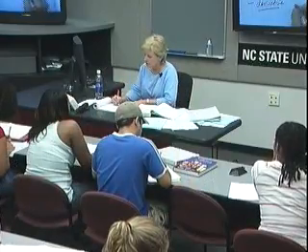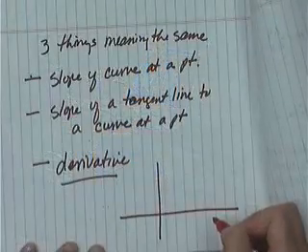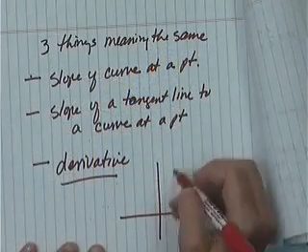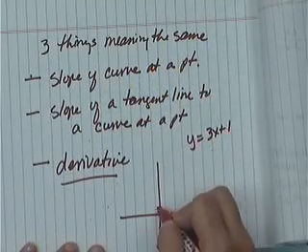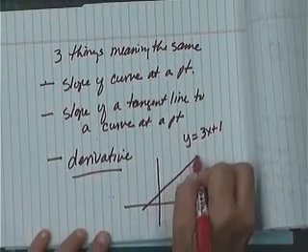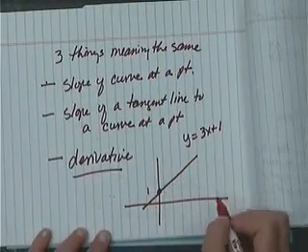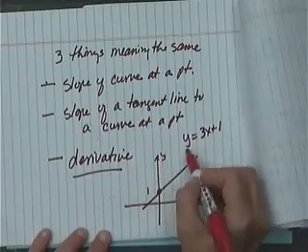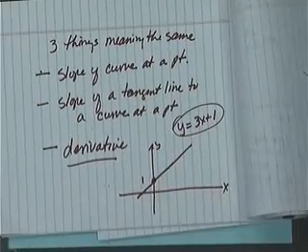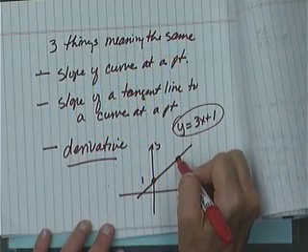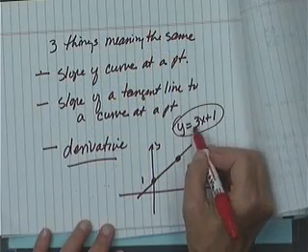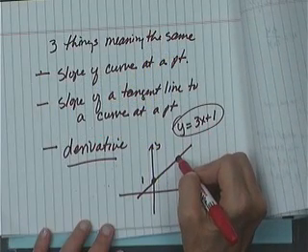Okay, let's just do a real easy problem and then we're going to take a break until next time. Suppose that my function is y equals 3x plus 1, which is a line that looks like this. Y-intercept here is at 1. What is the derivative of this function at this little point right here, whatever it happens to be? What would be the derivative of y equals 3x plus 1?